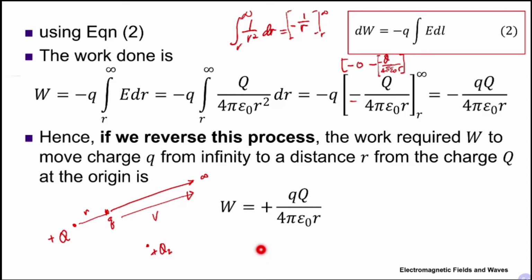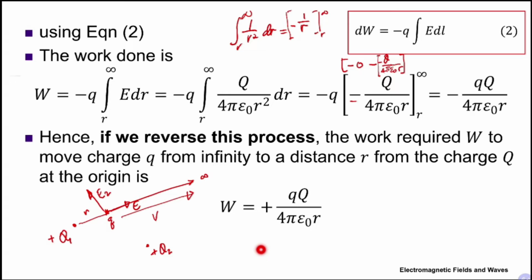Unlike your electric field, which is a vector, where you need to know the direction of the vector field. You know that this is my electric field due to my charge Q1, and this is the electric field due to charge Q2. So to sum the electric field is a vector summation, so the direction of the field is important.